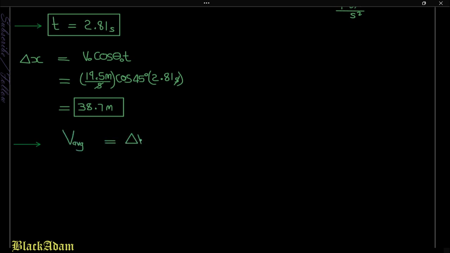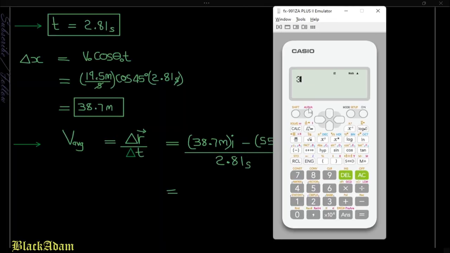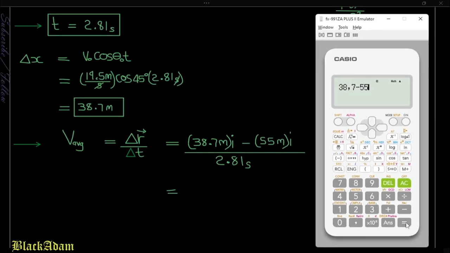It will be the difference: 38.7 meters, the horizontal coordinate, minus the horizontal coordinate of 55 meters, all divided by the time, which is 2.81.